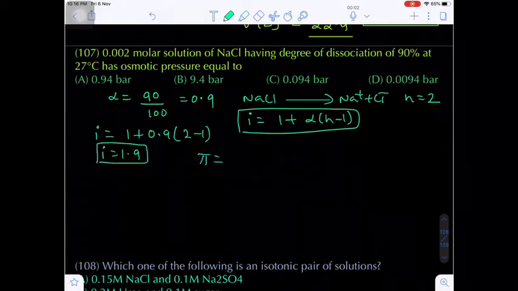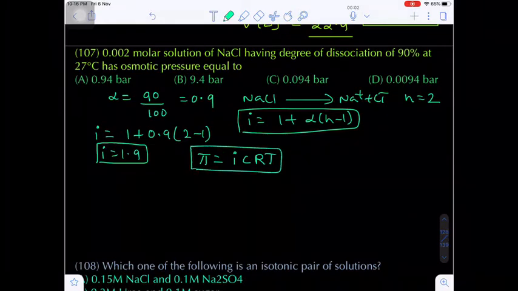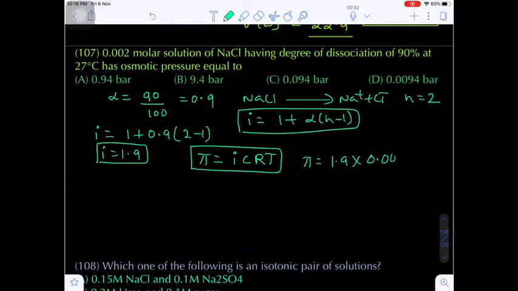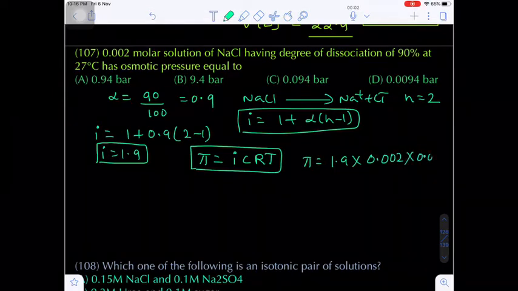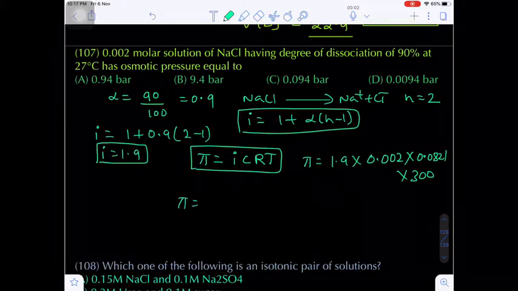What is the osmotic pressure? i into C into R into T. Yes or no? Now the osmotic pressure: iota value 1.9, the concentration of sodium chloride is given as 0.002 molar, R value 0.0821, and the temperature 27 degrees, nothing but 300 Kelvin. After simplification of this, you will get the answer 0.094. Just a minute.